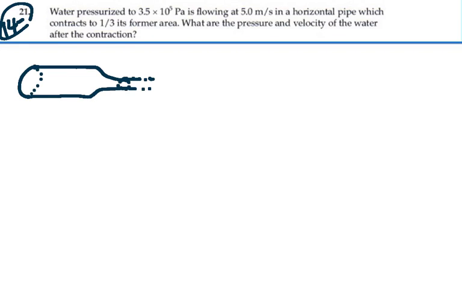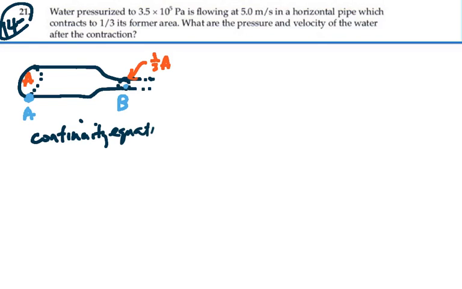So let's say that the area here is A and the area here is 1/3 A. We have point A and point B. By the continuity equation, the area at A times the velocity at A should equal the area at B times the velocity at B.